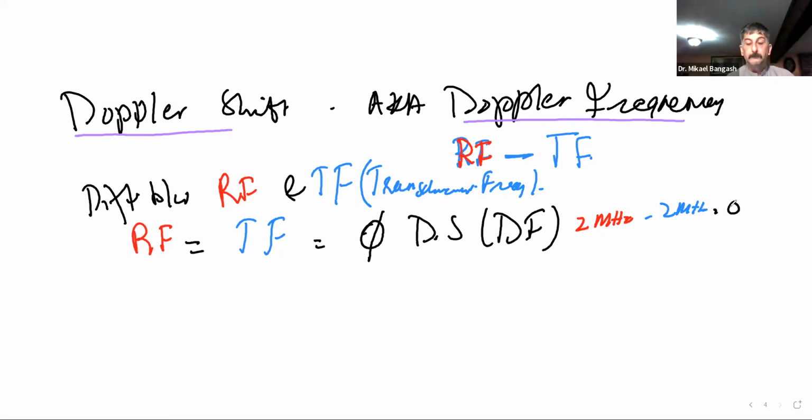So that mainly means that the reflector here was not moving, neither towards the transducer nor away from the transducer. So we have a Doppler shift of 0. There was no shift in the frequency, or no Doppler frequency, because our reflector was not moving.